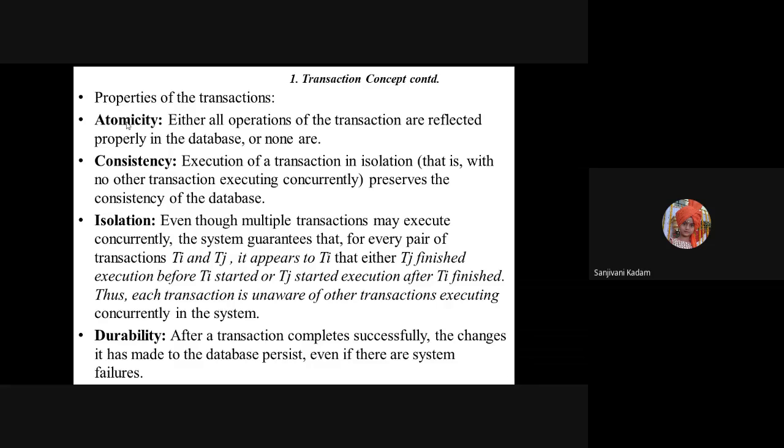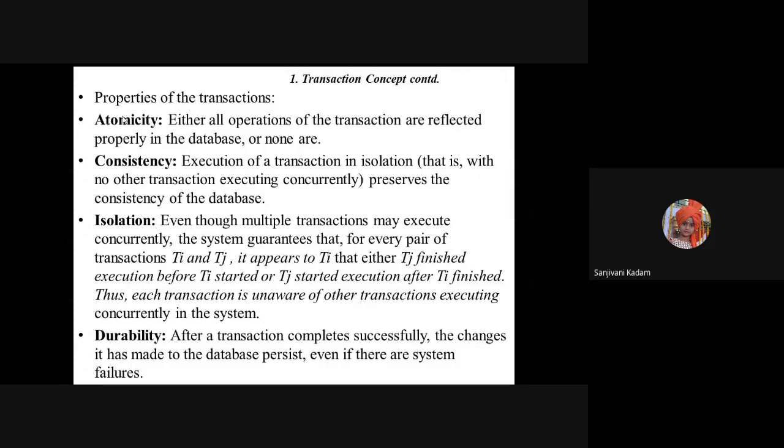So atomicity means that either all operations of the transaction are completed and their effects are done on the database, or none of the statements' effects are reflected on my database. Partial results or partial operations should not be done in the case of transactions. Atomicity means that a transaction is a single unit.